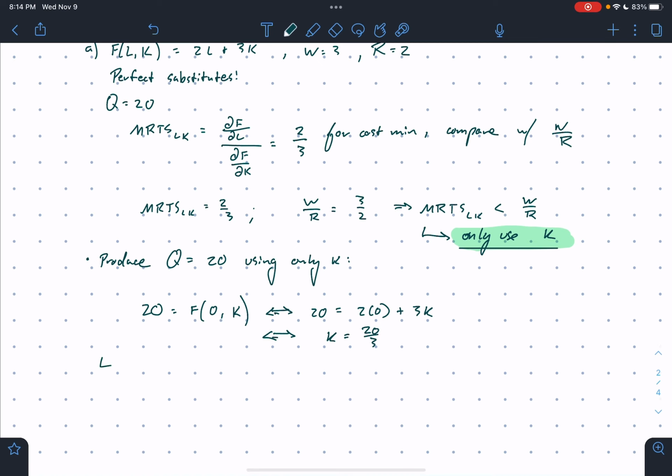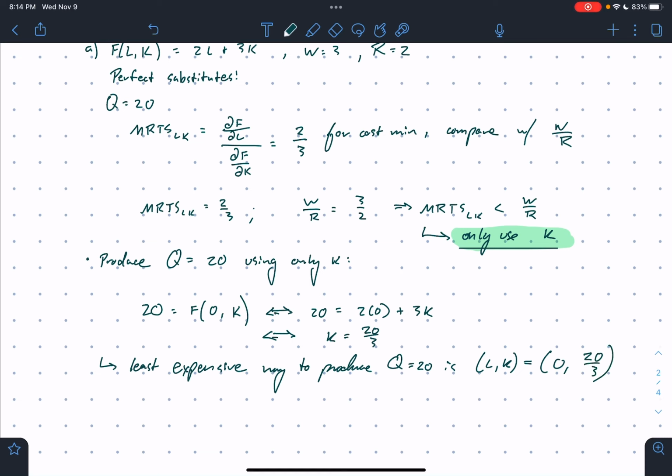So the least expensive way to produce Q = 20 is to use K = 20 over 3 and L = 0. All right, so this is part A.